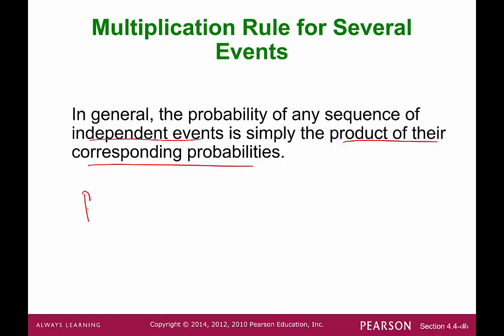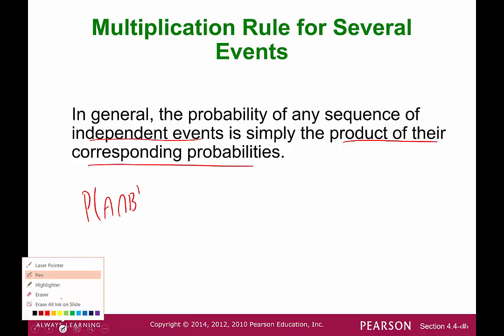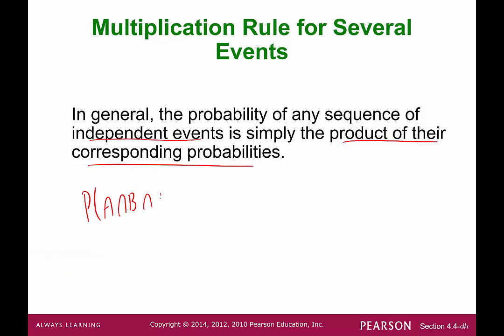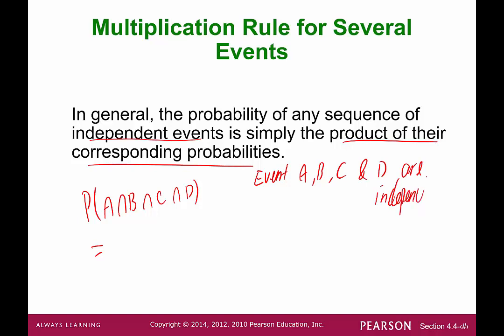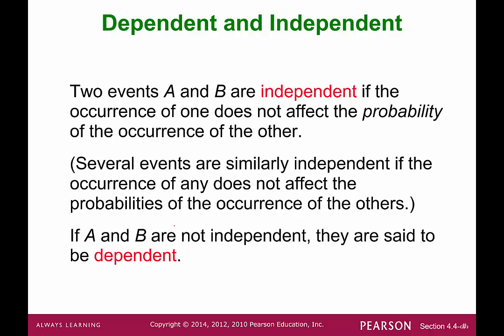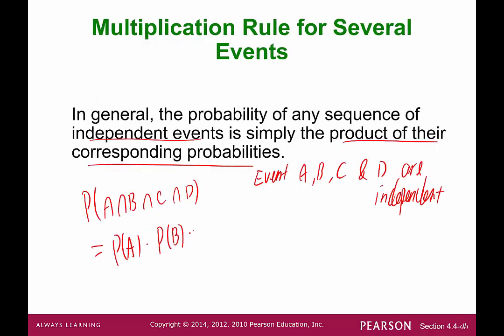So for example, the probability of A intersect B intersect C intersect D, assuming events A, B, C, and D are all independent, we just write it as the probability of A times the probability of B times the probability of C times the probability of D.